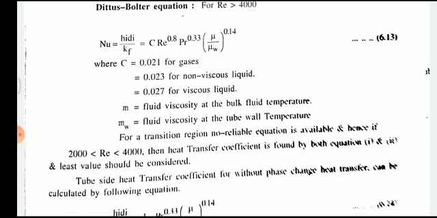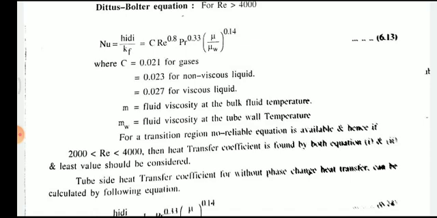And mu w is the fluid viscosity at the tube wall temperature. And for the transition region, no reliable equation is available, and it is in the range between 2000 and 4000.